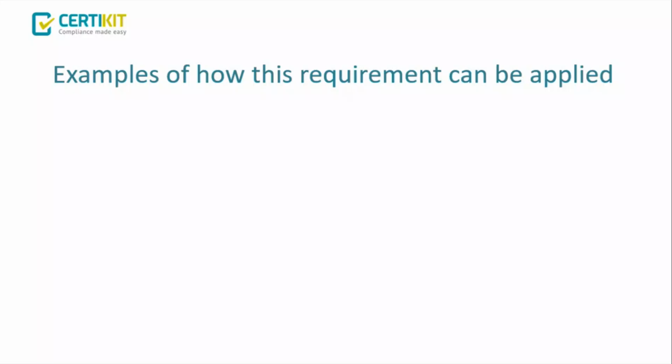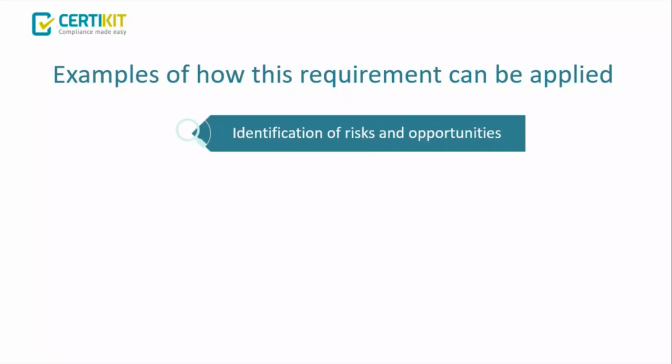So an example of how this requirement is applied. You identify the risks and opportunities for those interested parties or those issues, internal and external, that you've determined in Clause 4.1 and Clause 4.2.